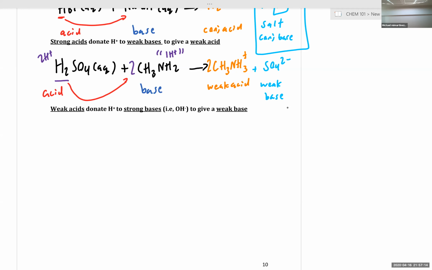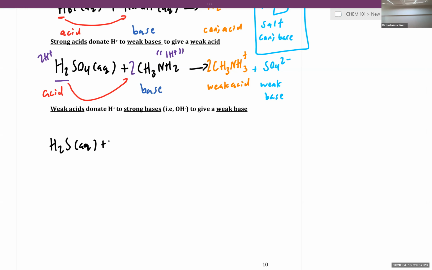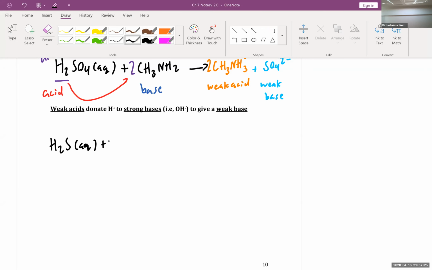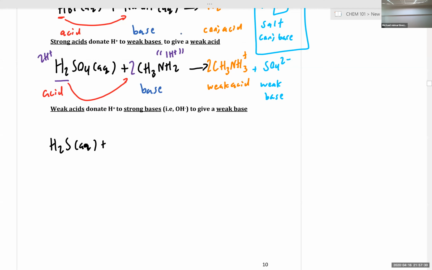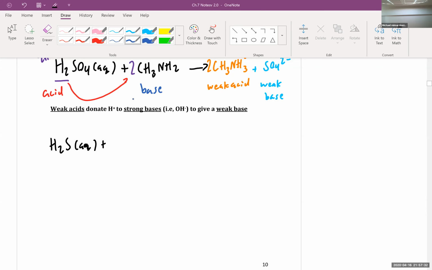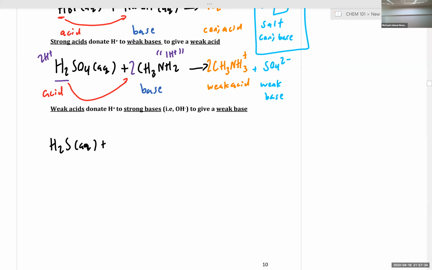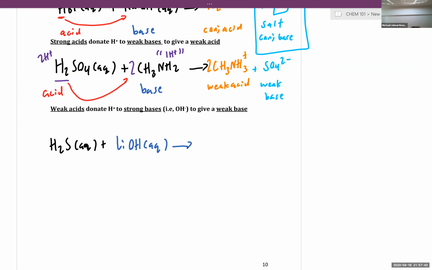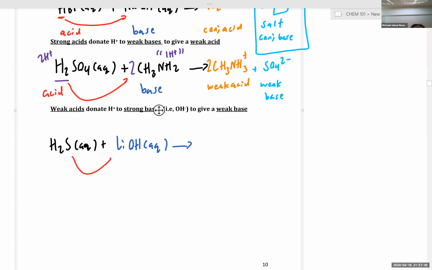H2S, sure, hydrosulfuric acid. That's a good one. And would someone like to provide me an example of a strong base? Sure, lithium hydroxide. That's one that's new. That's good. So weak acids donate H+ to strong bases.